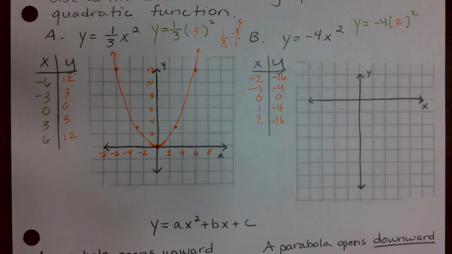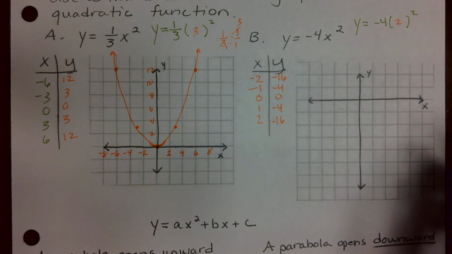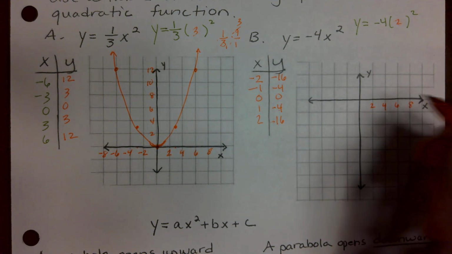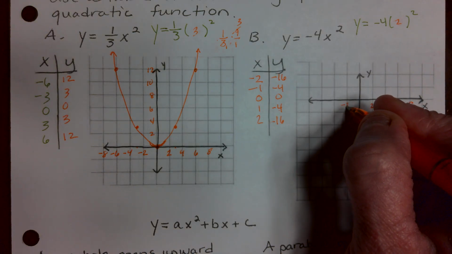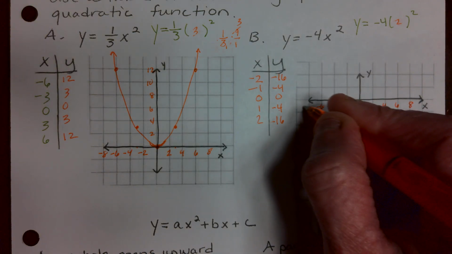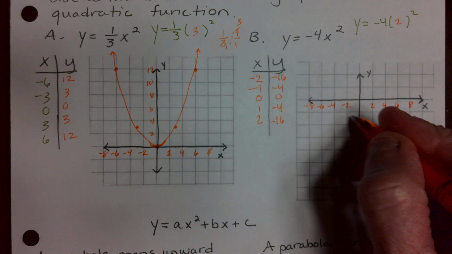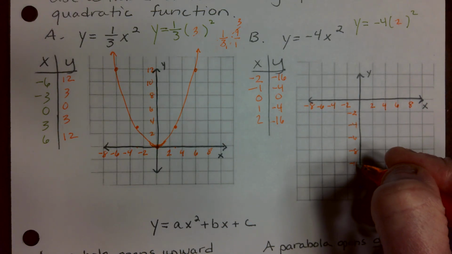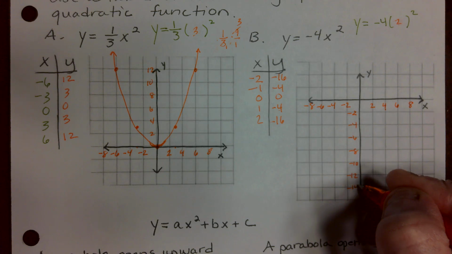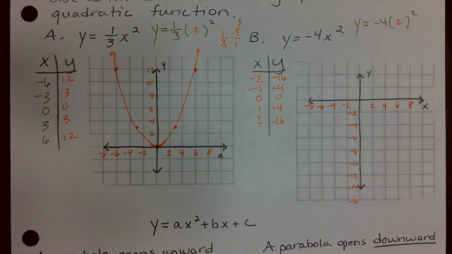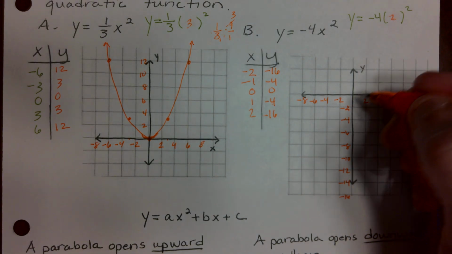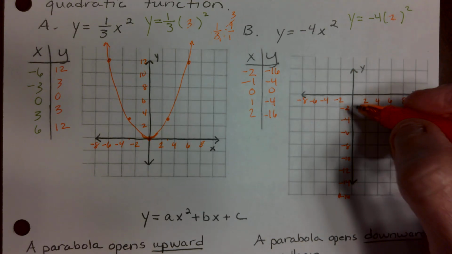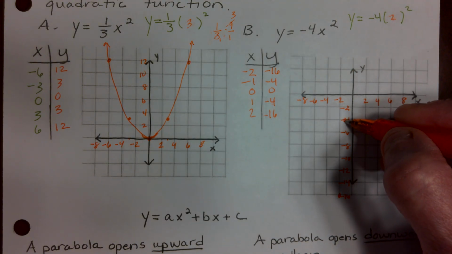Again, I cannot go by ones, or it's not going to fit. 2, 4, 6, 8. -2, -4, -6, -8, -10, -12, -14, -16. Okay, there we are. So -2, -16. Wow, this is going to be a really sharp curve. -1, -4 is right here.